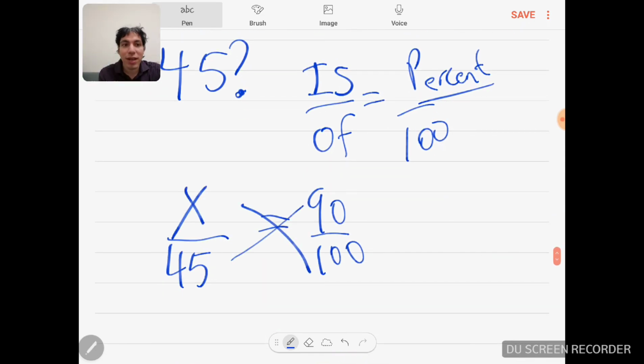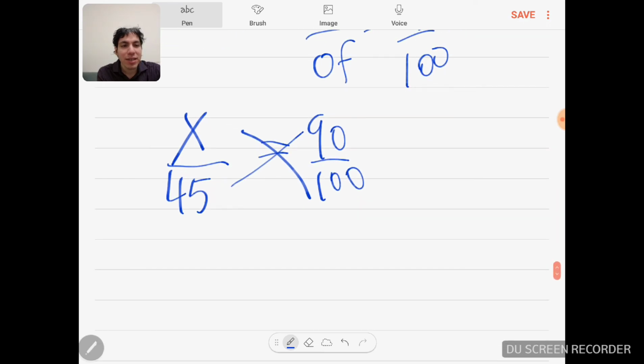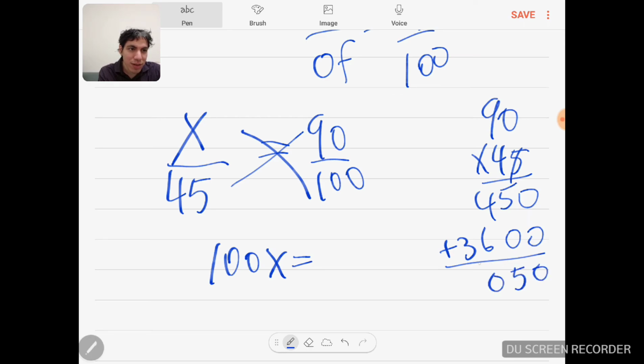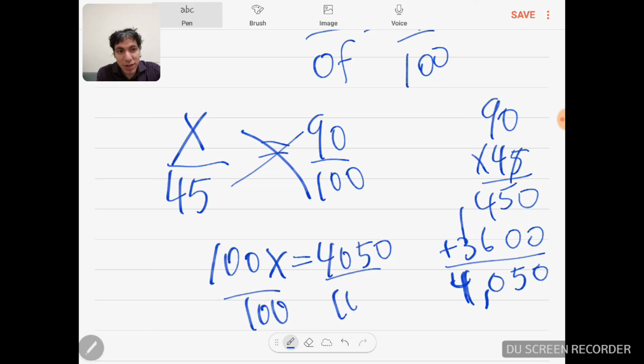I cross multiply. I get 100x is equal to, wow, that's a big number. 90 times 45, I get, let's see, 36, I add that up, I get 4,050. Then I divide both sides by 100.